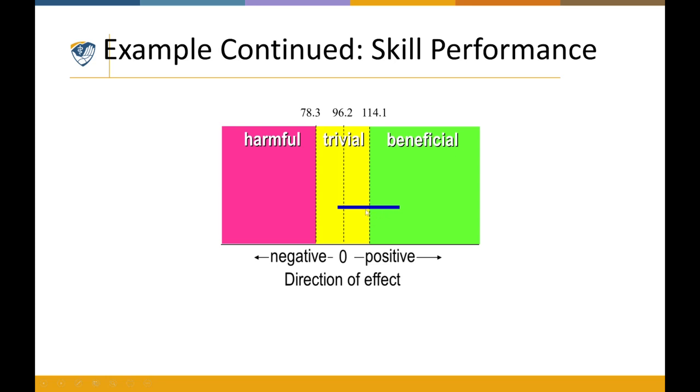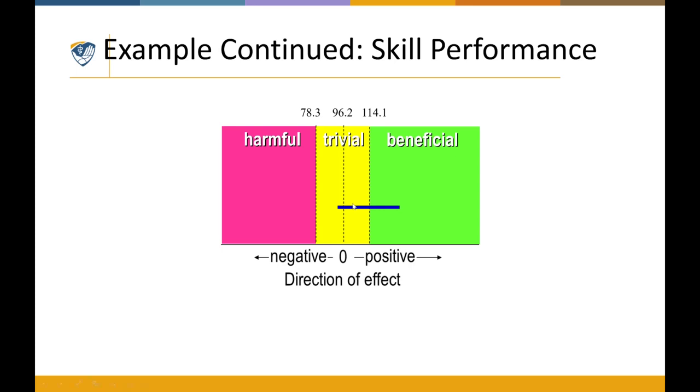So even though the means were different, based upon the confidence interval, what would be happening in the population is actually a little bit unclear. There's an almost equal likelihood that the response in the population might be trivial or it might be beneficial. It's not harmful, but it's not real clear if this treatment would consistently produce a beneficial response.